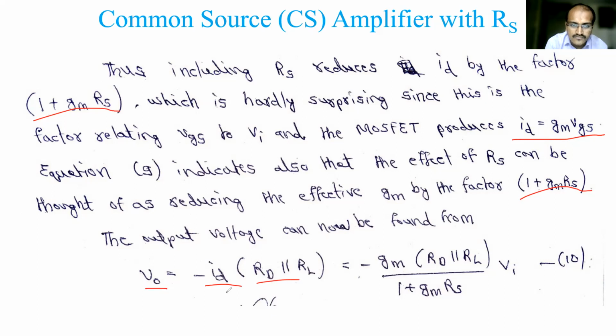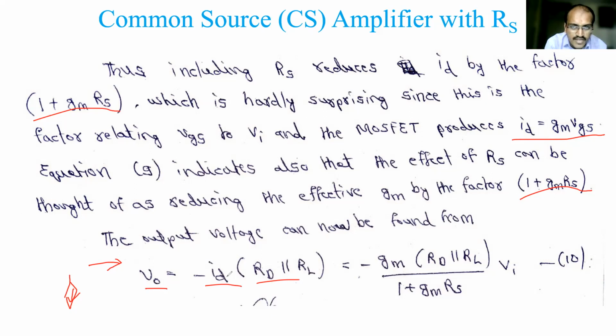The current ID normally flows away from the circuit, but in the circuit it is shown entering like this, which is opposite, that's why the minus sign is considered. Then the two resistances RD and RL are in parallel. So that's how this equation comes, Ohm's law, current into resistance.